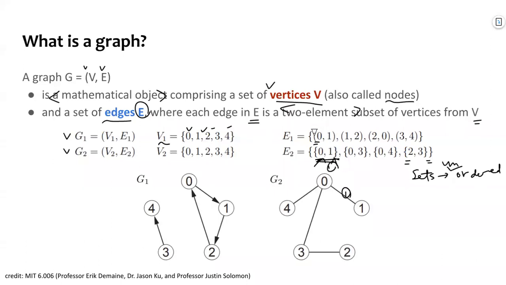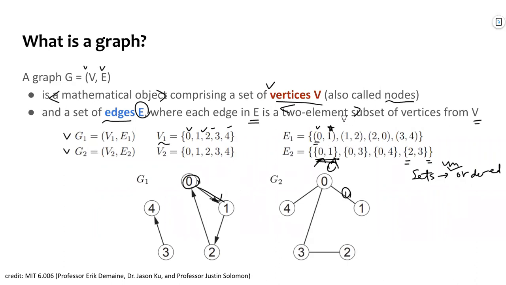And in the case of E1, it has parentheses, and this is the starting point, and this one is the end point. So starting from vertex 0, it ends up at vertex 1. So it has direction.